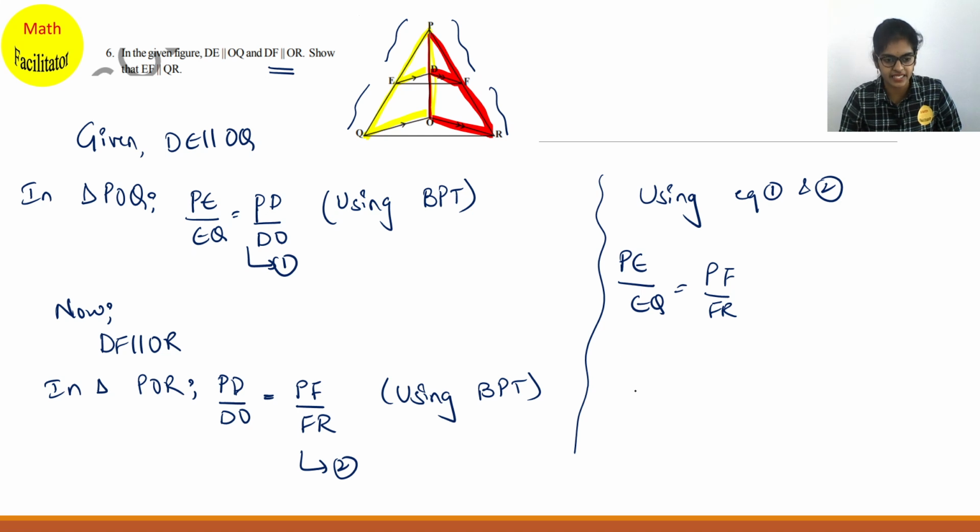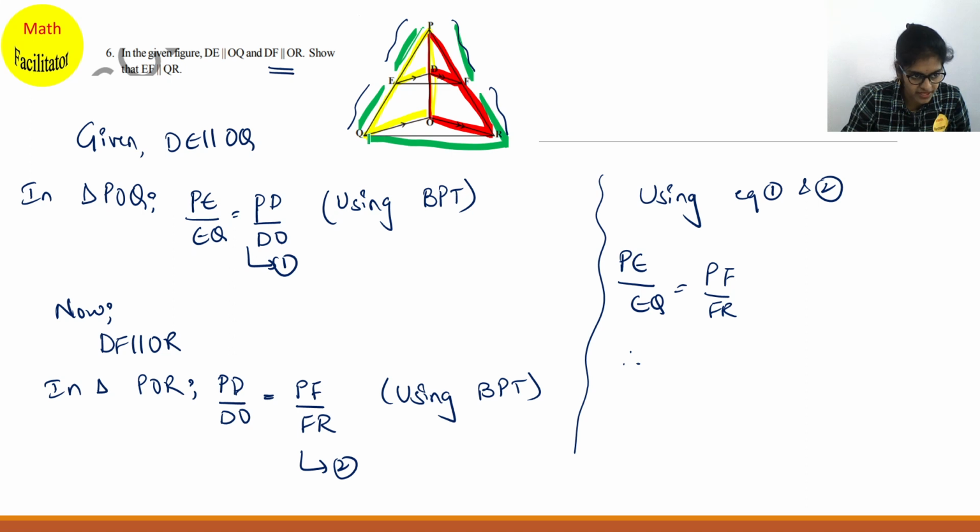The complete triangle, isn't it? So therefore, here you see better. I'll just clear it. I'll take green color. See, PE by EQ is equal to PF by FR. If you complete the triangle, this is the bigger triangle which you are getting.